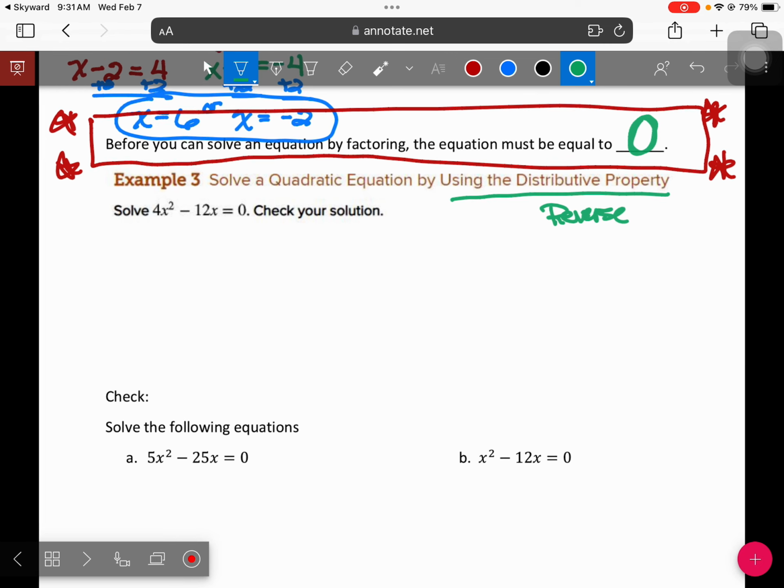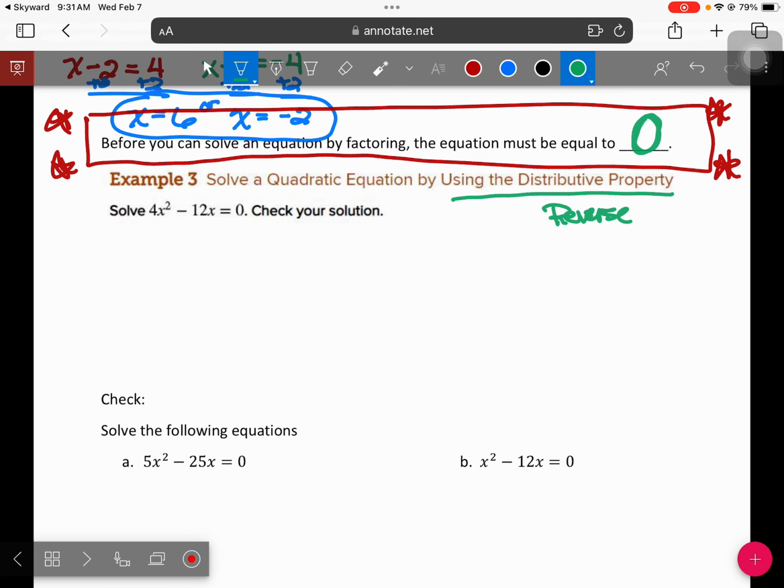What do we look for when we're factoring, when we have two terms? What do I do first? Come on, guys. Yeah, greatest common factor. Do I have one for these two terms?